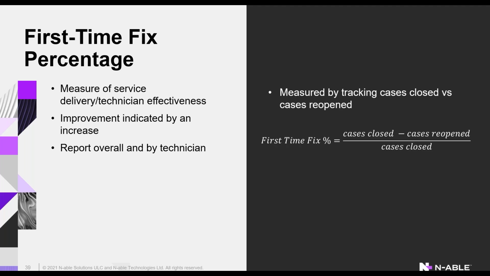All right. Next up, we've got first time to fix percentages. First time to fix percentages, I think, are crucial for us as MSPs, but there aren't any averages here.